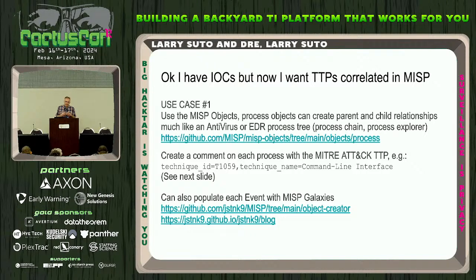So let's say you have an attack tree, or you have a process with child processes that are all related. You can create an object for each process, and the IOCs are associated with that process, and then you can link all those together in the same event. And that's just some information about that. We'll do some more examples. This is just kind of an overview.